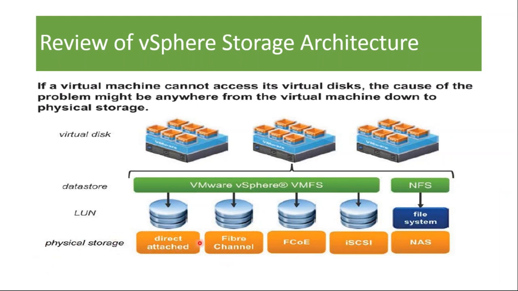It means that is your storage box. It might be your DAS storage box. It might be a SAN storage box. These three are called SAN storage boxes. This is called a NAS storage box. So overall, these types of raw storage boxes are called physical storage.